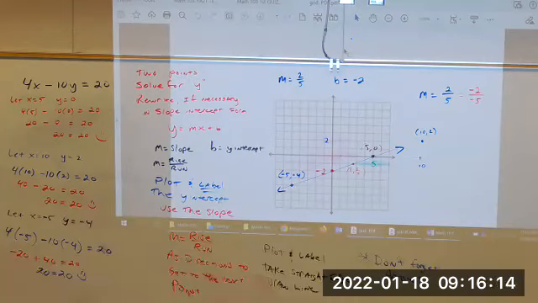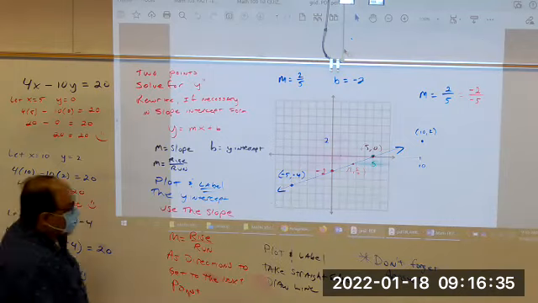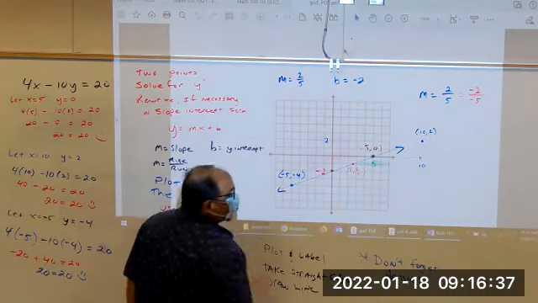Let's go up 1, and instead of going over 5, let's go half of 5 and go 2.5. 5 over 2. That would be on the line because the ratio is the same. You could cut it up into thirds and it would still be on the line, as long as you divide the rise and the run both by a 3. But there's an infinite number of points you can find.